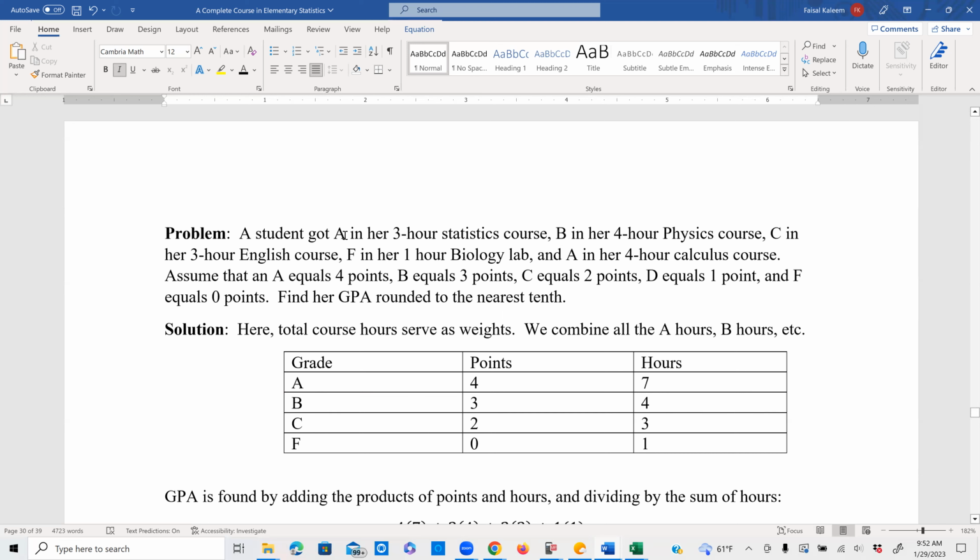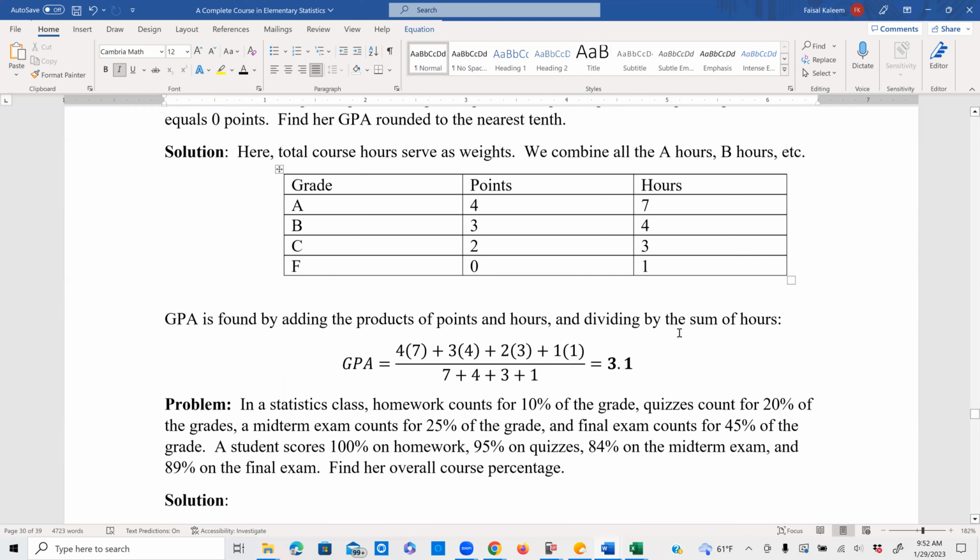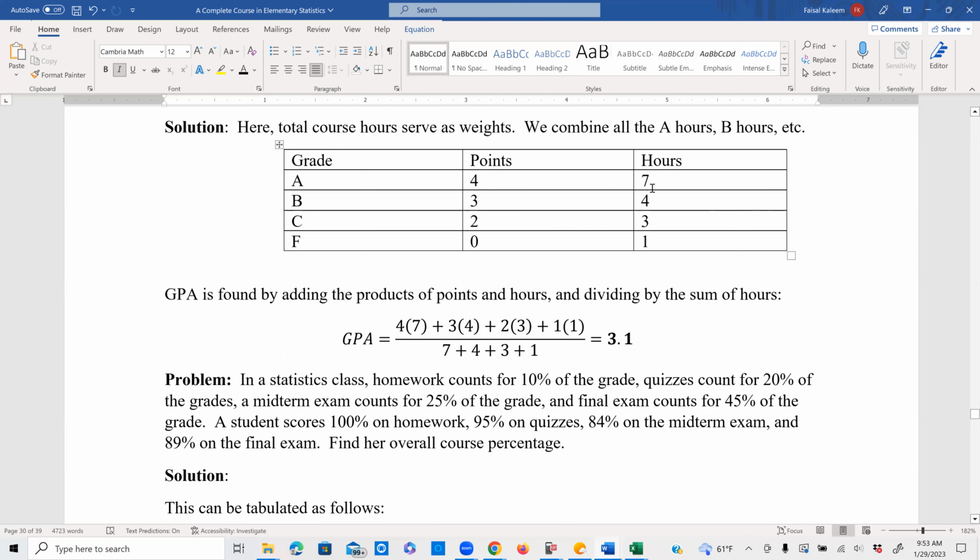For the A, we had 3-hour statistics, and then we also had a 4-hour calculus. So we will lump together those two for the A, the 3 and the 4. That's why we have 7 hours of A. Similarly, we list the hours for the others. And GPA is found by adding the products of the points and the hours, and then dividing by the total hours. So we'll have 4 times 7 plus 3 times 4 plus 2 times 3 plus 0 times 1.